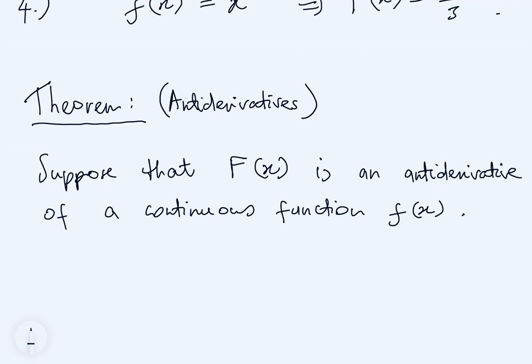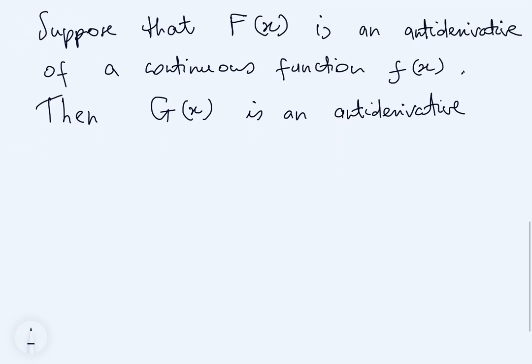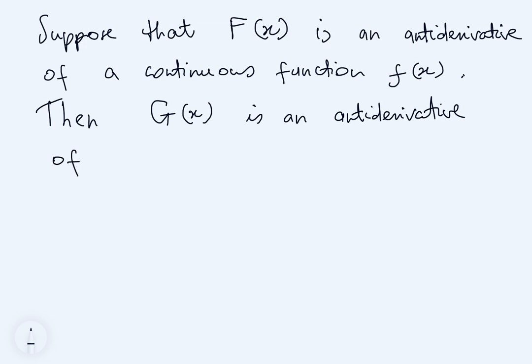Then big letter G of x is an antiderivative of small letter f of x if and only if. Now, if and only if is a double implication statement.